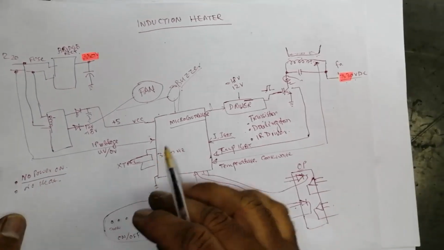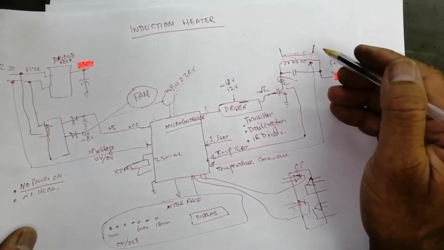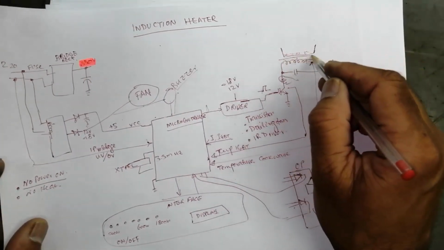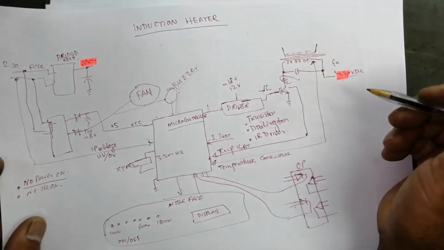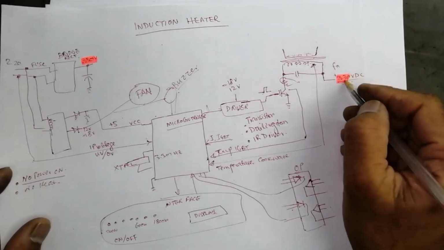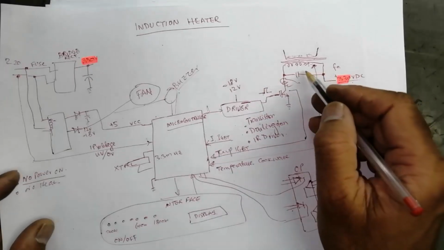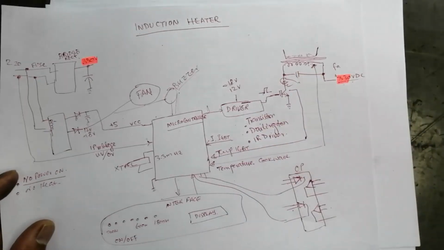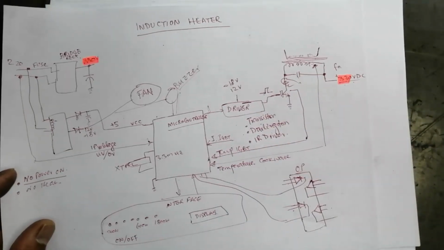So in this way we are heating the cookware. 330 volt are applied here, and this resonant circuit will make a resonant frequency.